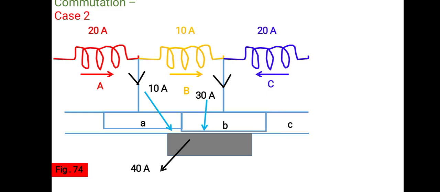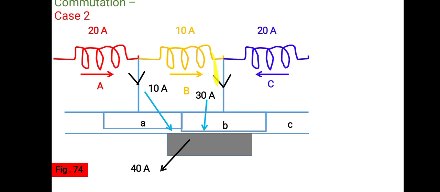Now case 2: 25% of the brush has moved to the nearby segment A from B, whereas 75% of the brush is with the existing segment B. In this case also the current is the same, 40 amps, but the distribution of current changes. Of the red winding's 20 amps, 10 amps is diverted here, and the remaining 10 amps is diverted to the Y coil, the yellow coil.